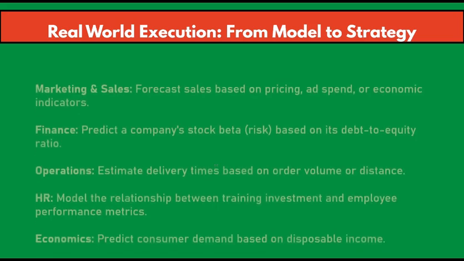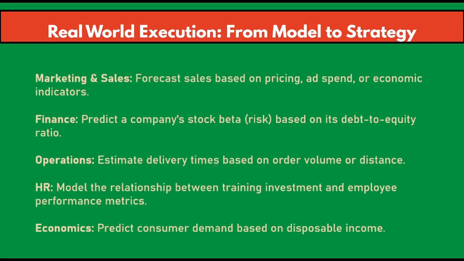Okay, now let us look at some real world examples of how to use the outcome of regression for decision making or strategy formation. In marketing and sales, forecasting the sales based on pricing, expenditure on ads, or some economic indicators can be attained through regression modeling.